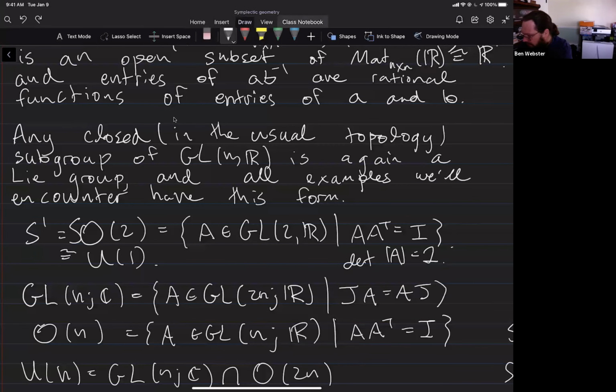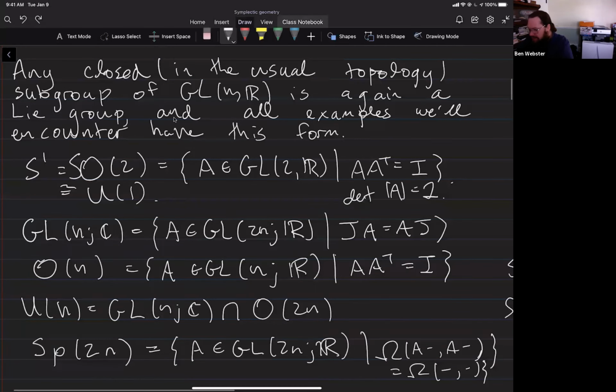So for example, inside GL_2(R), there are the matrices where I think of R^2 as C, and I think about multiplication by unit complex numbers. So in more matrixy terms, I would ask my matrix to be 2 by 2 orthogonal with determinant 1. Well, those are closed conditions, right?